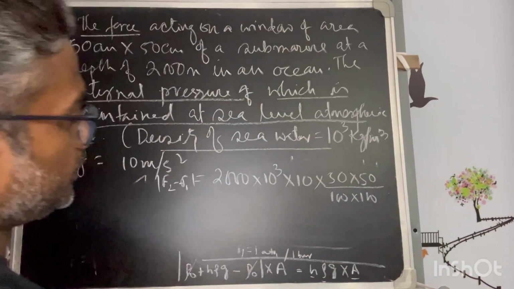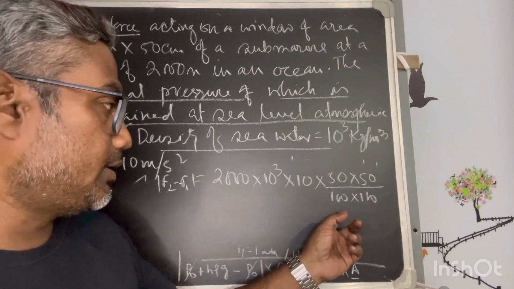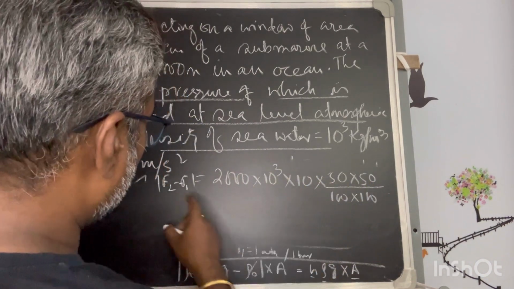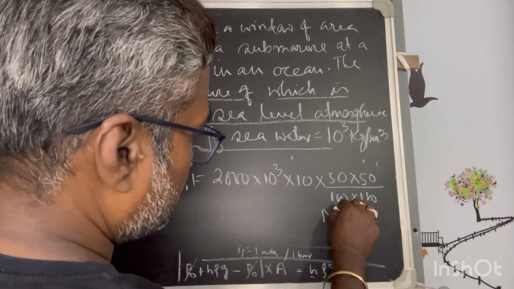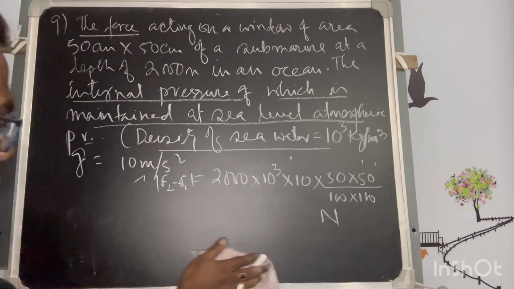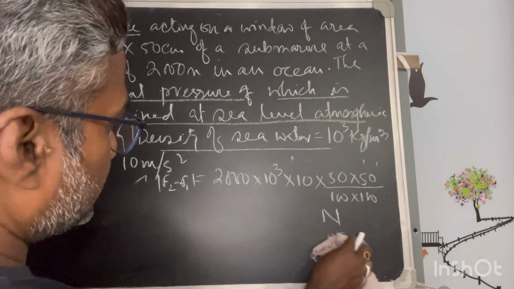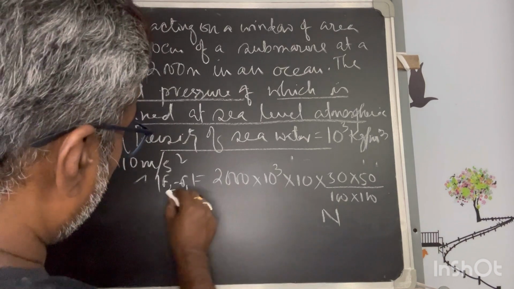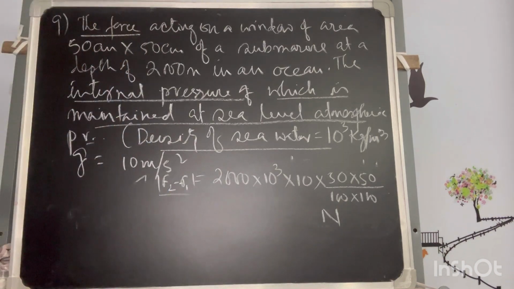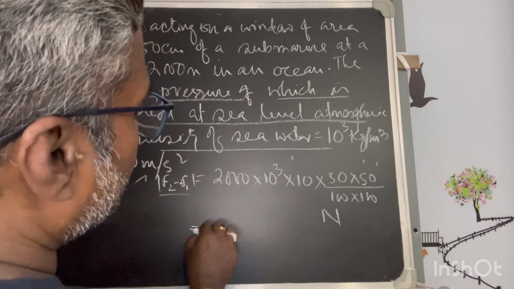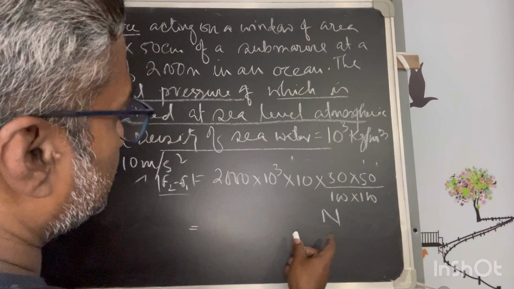Centimeter to meter is divided by 100, so we get square meter. Ultimately you need not worry, because all are in SI units, the force will come in Newton. You can try it with your own sense also.